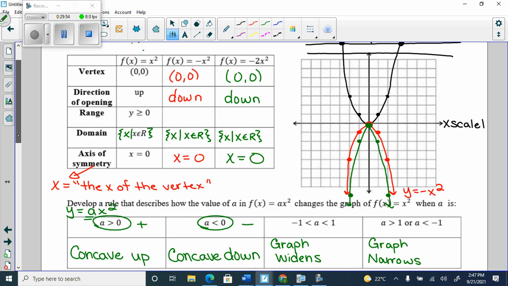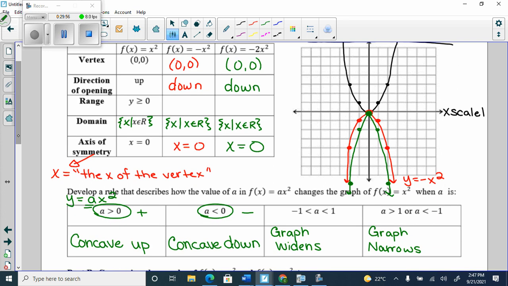Boom. Look at that. So, for these two graphs, the red and the green, my y is f of x, so I'm going to use f of x. That's the variable they gave me. So I'm going to go f of x such that f of x is what this time?